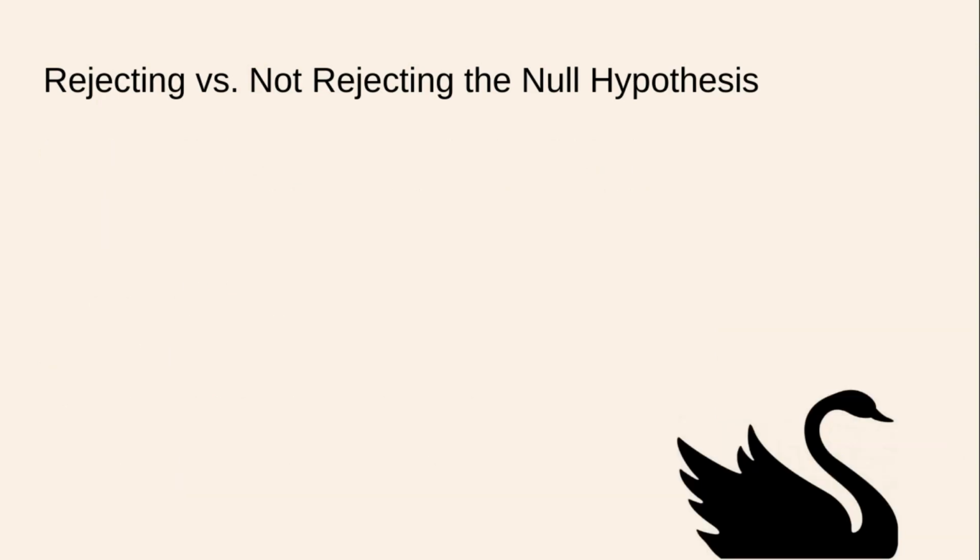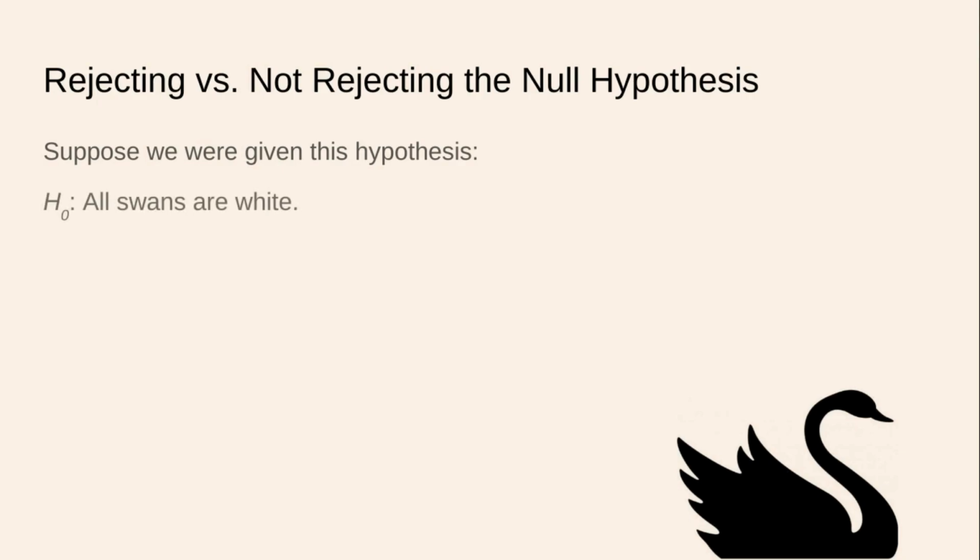Rejecting versus not rejecting the null hypothesis, the best way I have learned to describe why you can never support a null hypothesis is with this analogy involving swans. Suppose we were given this hypothesis. All swans are white. Okay? Suppose we collect a sample of 100 swans, and our null hypothesis is all swans are white.